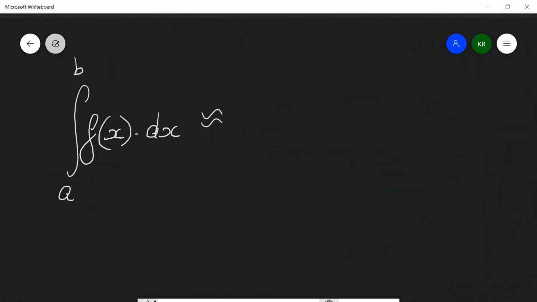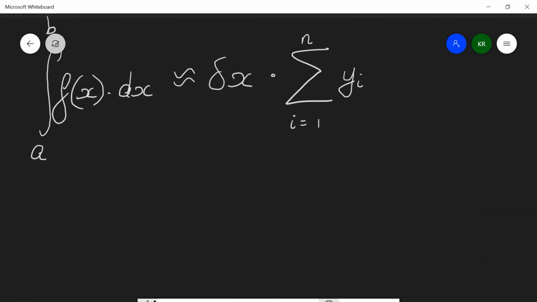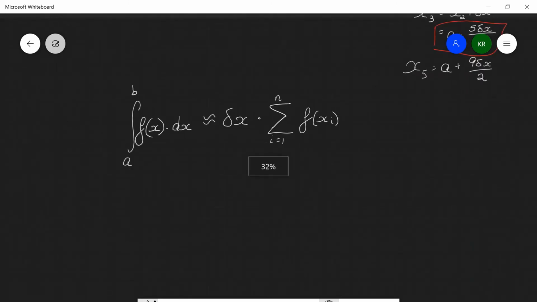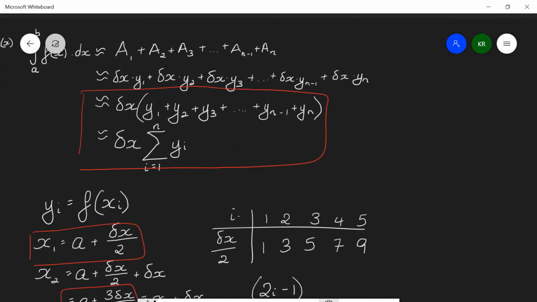And that we've shown is delta x times the sum from i equals 1 to n of yi, and you can also say, instead of saying that, the sum from i equals 1 of f of xi, like this, or you can do it as I've written it there.